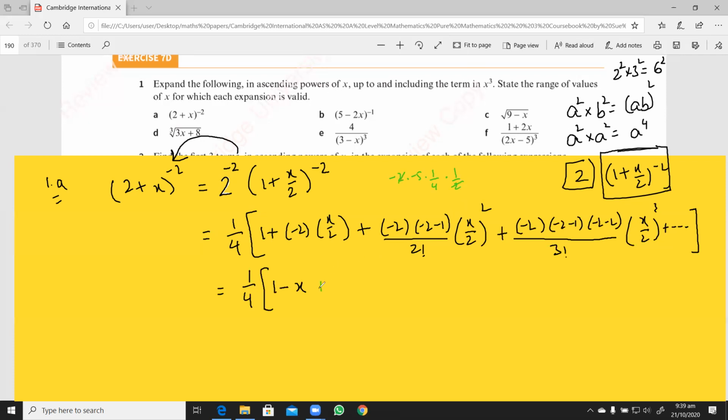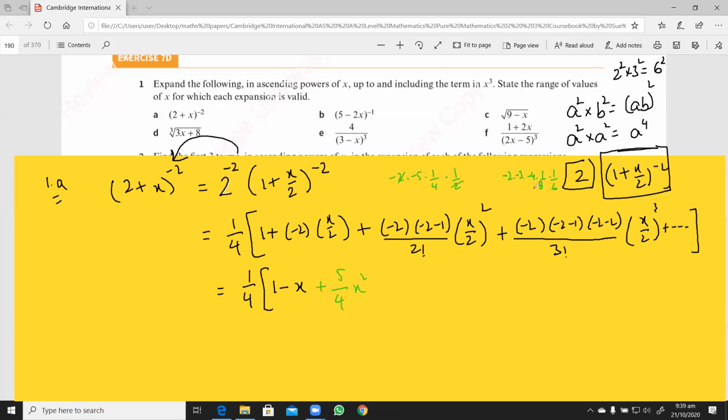Please check. This is 5 over 4. Is it really 5 over 4 x squared? And for this one, this is going to be -2 into -3 into -4 into 1 over 8 into 1 over 6. So first of all, the final sign is going to be minus.